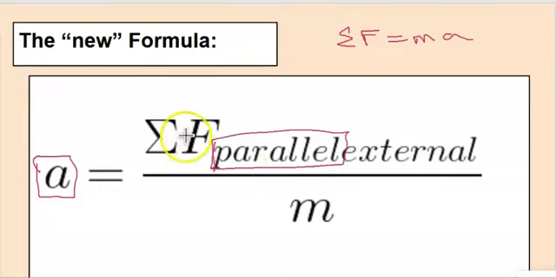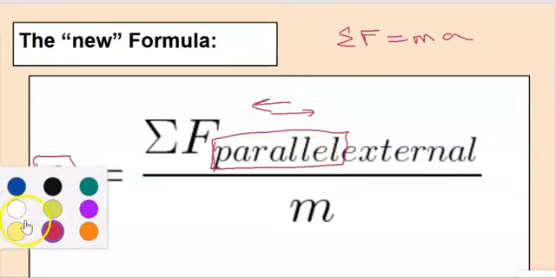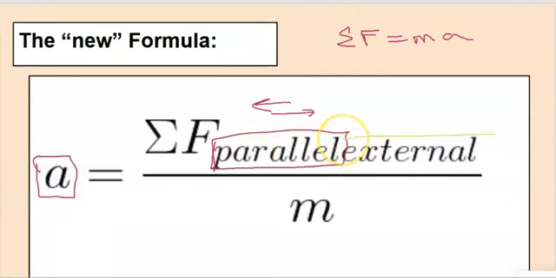Two things have to be true about a force to put it in the numerator. It needs to be either with or against the motion, so parallel or anti-parallel, and it needs to be external. It needs to be caused by an object outside of what we're defining as our system. So this is me trying to learn LaTeX and being kind of awkward, but it's the sum of all the forces that are parallel to the motion or anti-parallel and external.